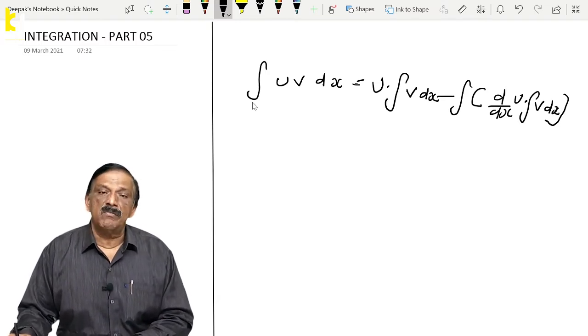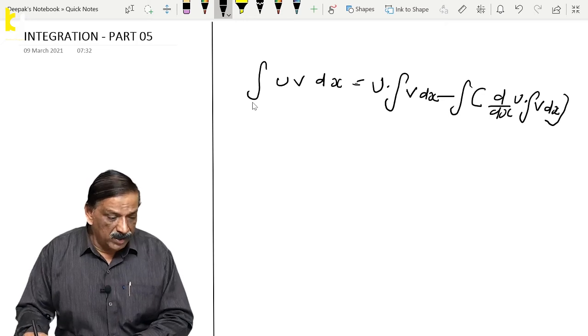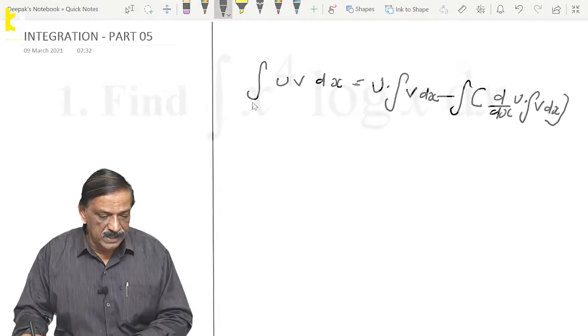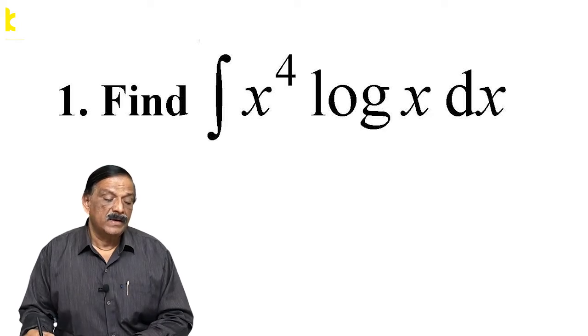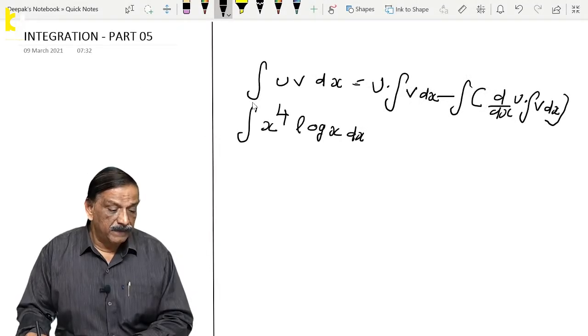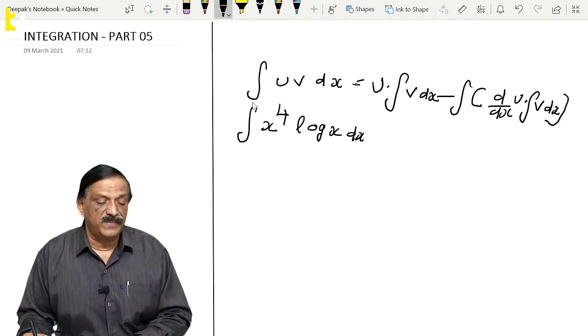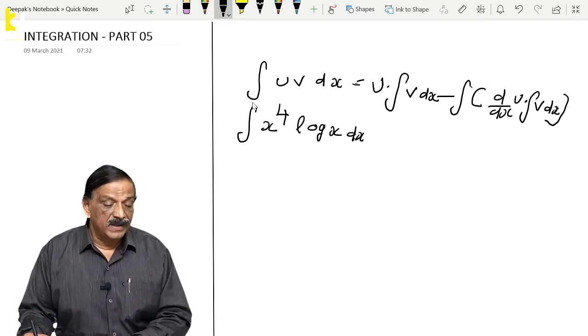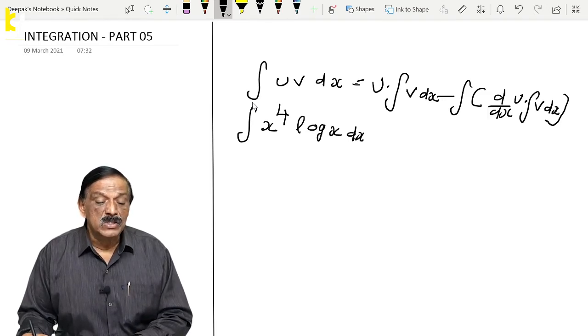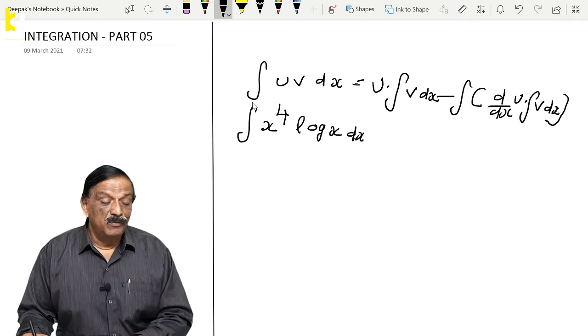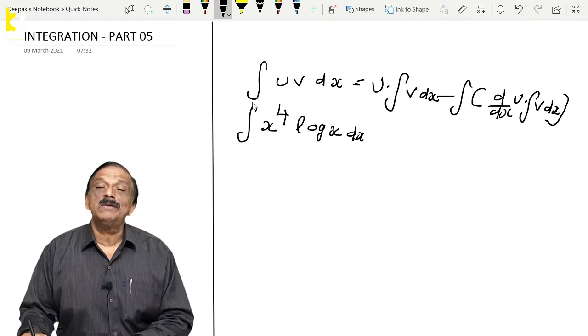Then we can use this formula to solve one important question from a previous year's question paper, that is integral x to the power of 4 log x dx. Here we must differentiate the first function u, so some arrangement must be there.